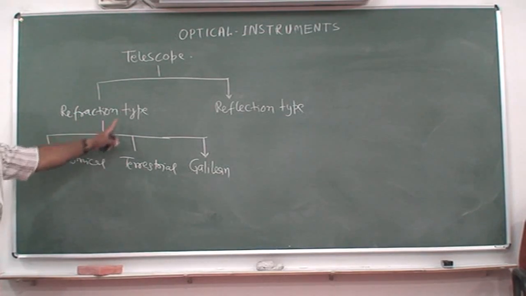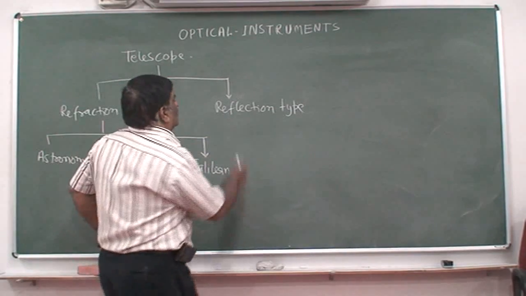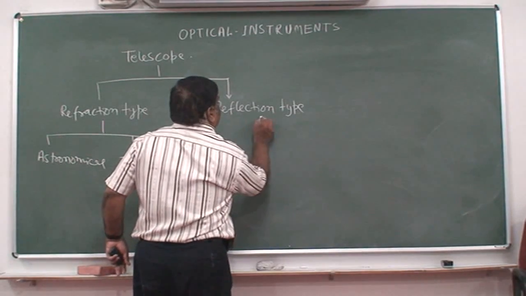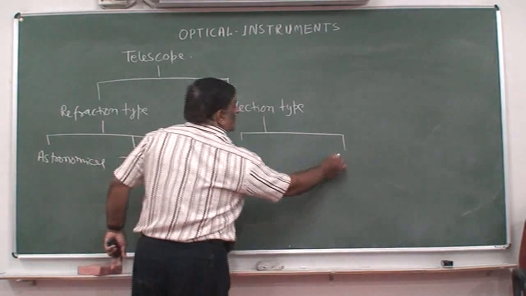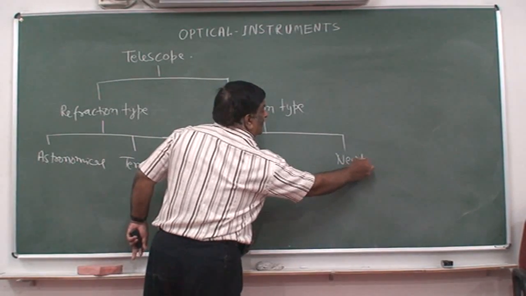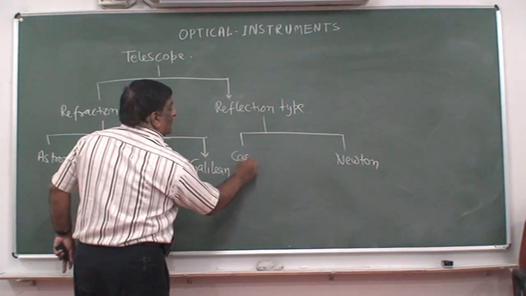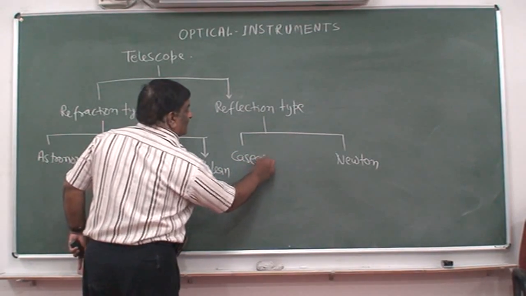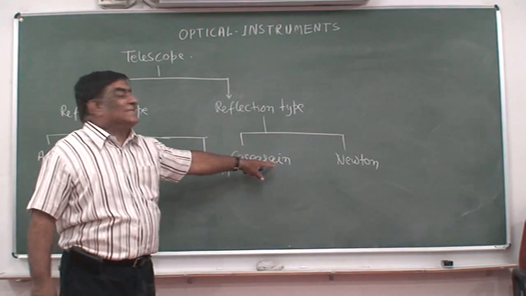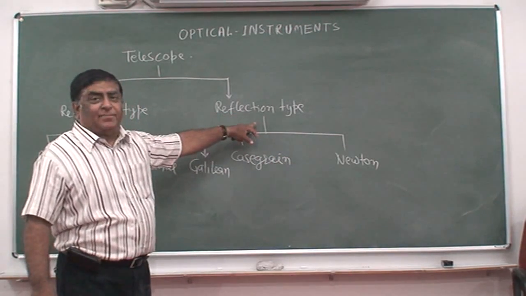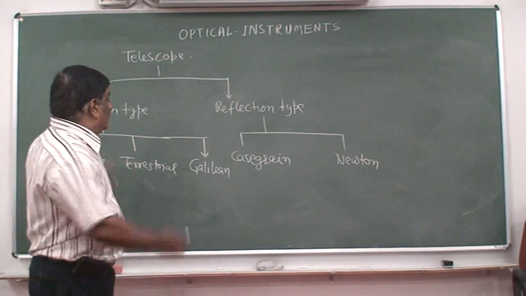Then there is the reflection type. There is basically one, but two persons did it. One was, of course, the great man Newton, and the other was Cassegrain. So Cassegrain made the Cassegrainian reflection type telescope, and Newton also made the Newtonian telescope.